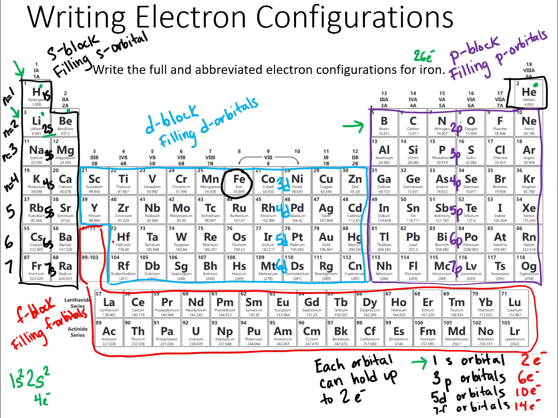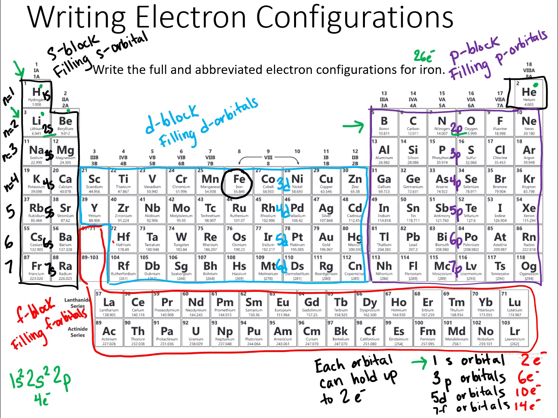Nope, we're going across the periodic table. So we haven't finished with n equals 2 yet. So we have to fill the 2p. We're literally going across each row.